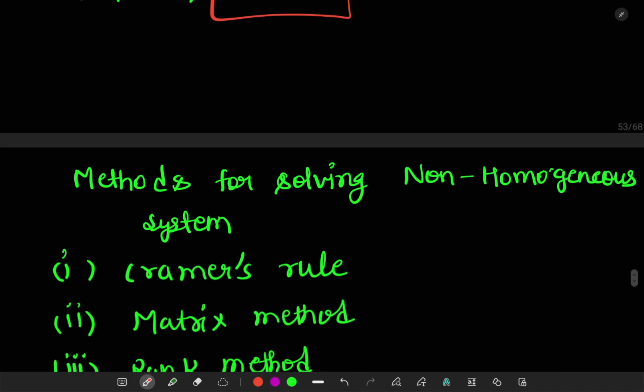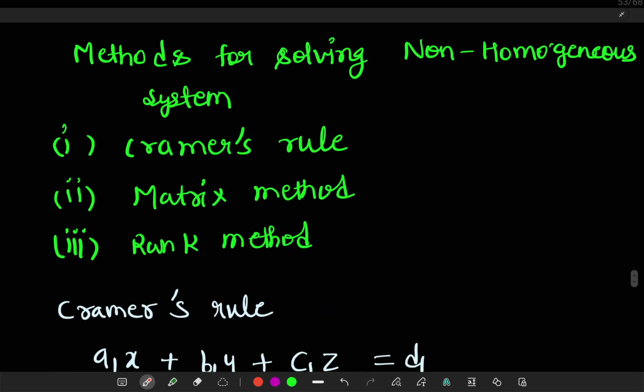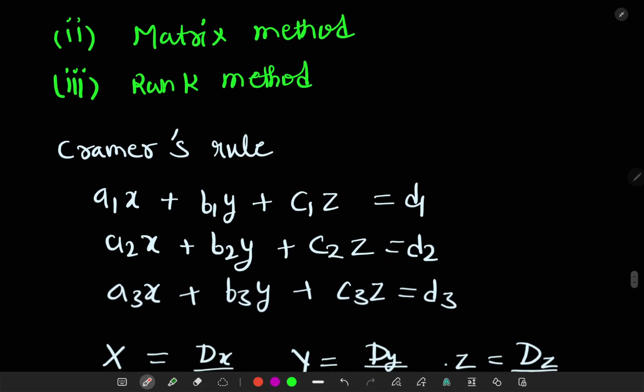There are various methods for solving this system. Now, methods for solving a non-homogeneous system: Cramer's rule, matrix method, rank method.